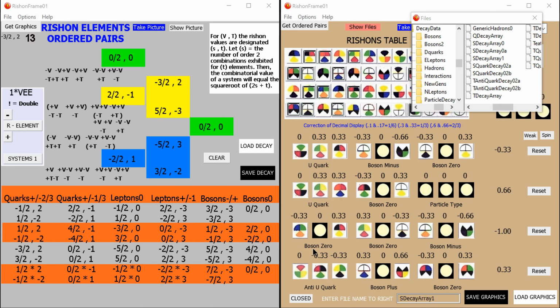And if we look closely at W-, we can see that when it combines with the anti-S, this scalar boson minus will annihilate with this scalar boson plus, and it will leave the generic anti-U combining with the boson 0, and therefore with this boson 0 form an anti-U quark.